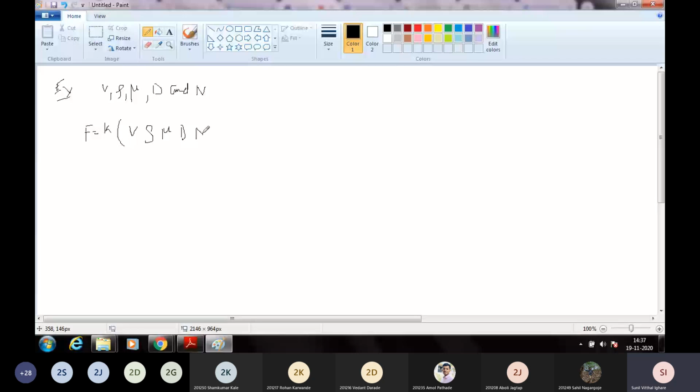So the force on a propeller basically depends on these. What we have to do is deduce the formula for this force based on Rayleigh's method. This is the question, and we can also say directly this is Rayleigh's method.